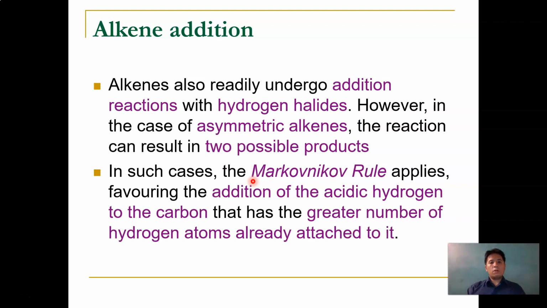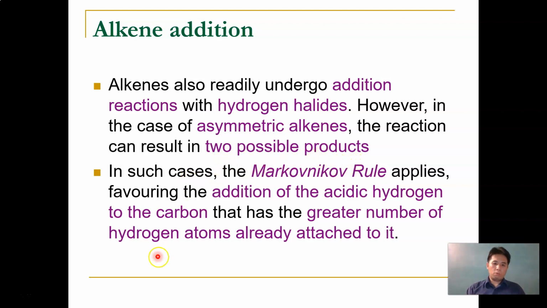Alkenes can also undergo addition with hydrogen halides. But unlike halogens, hydrogen halides are hydrogen and a halogen. This is not a symmetrical reagent because one is an H, one is a halogen. So when it's an asymmetric alkene, it can result in two possible products.